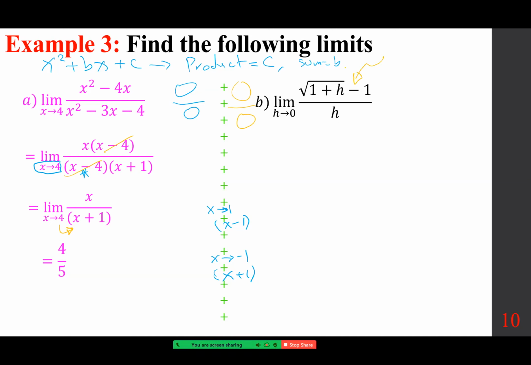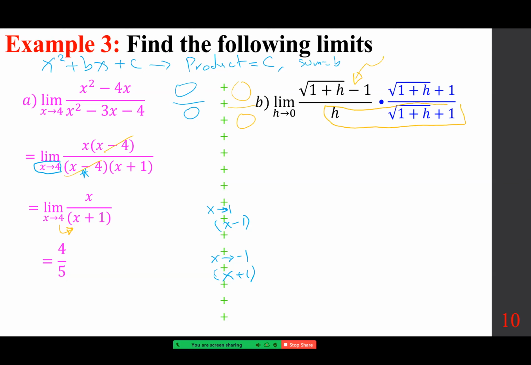We multiply and divide by it because we are using a minus b times a plus b, which becomes a squared minus b squared. Now, remember, it is the 0 in the denominator that gives us a hard time. So the denominator, we will never ever touch that. We keep it as a product.